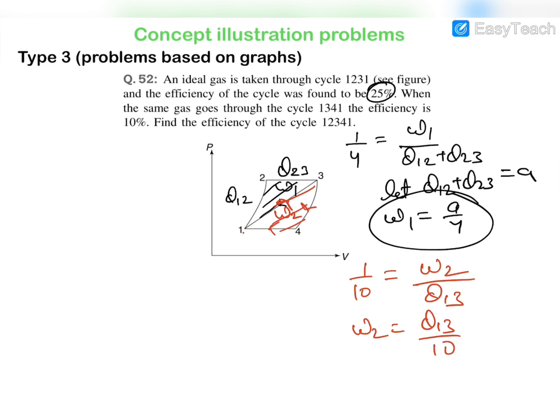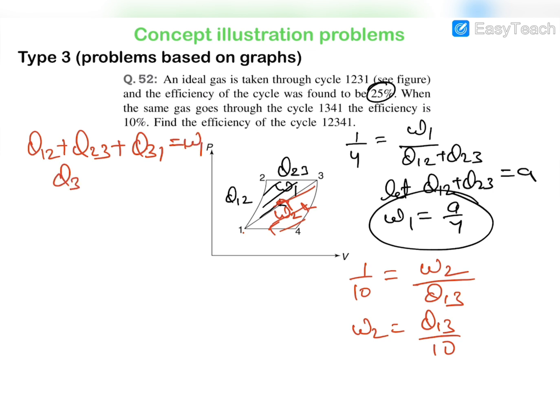Now we know that Q12 plus Q23 plus Q31 in this cyclic process is equal to the work done in this cycle, because you know that in a cyclic process net heat is equal to work done.